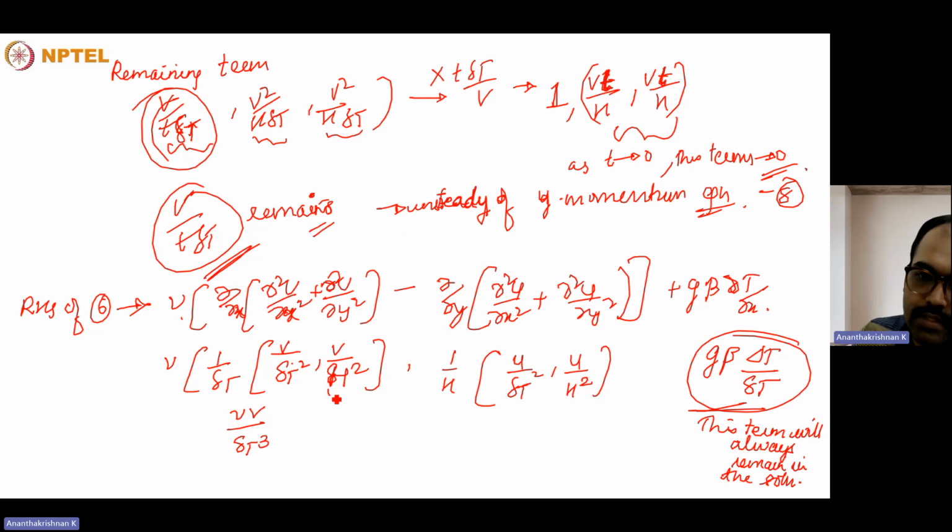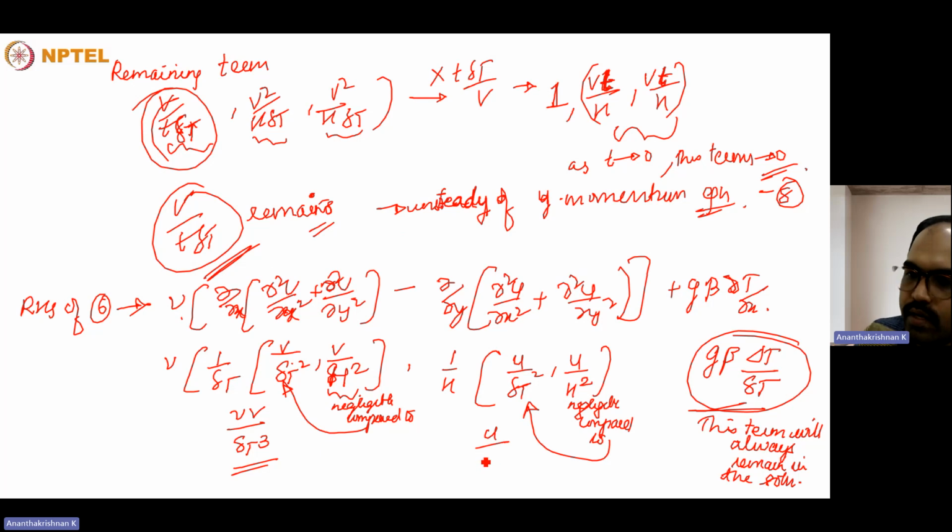Since h is very much larger than delta t, this will get eliminated because this term will be very small, negligible compared to this term. Similarly, this is negligible compared to this one. So the only term that remains here is nu v divided by delta t, and here it will be u divided by h delta t squared.